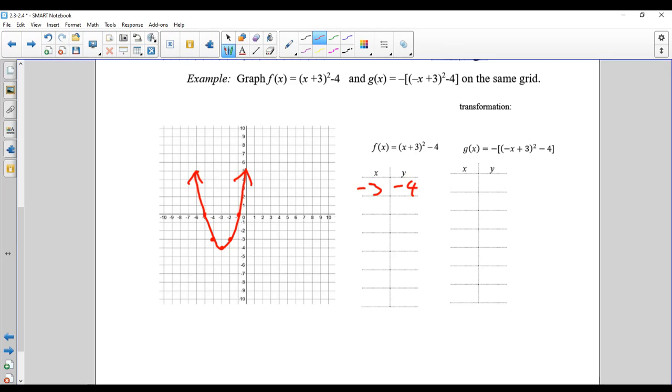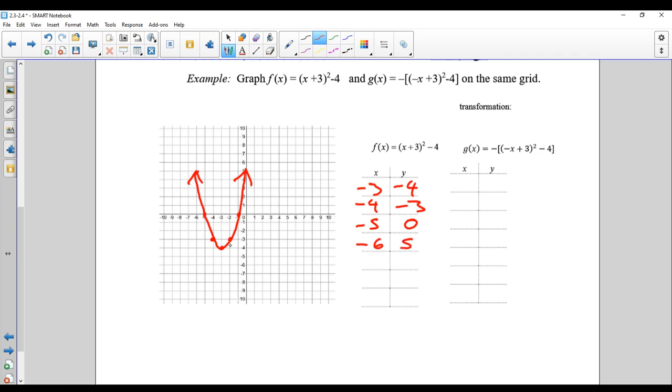All right? So I'll put mine in as well. So this looks like -4, -3. And then we have -5, 0. And then we have -6, 5, I think.